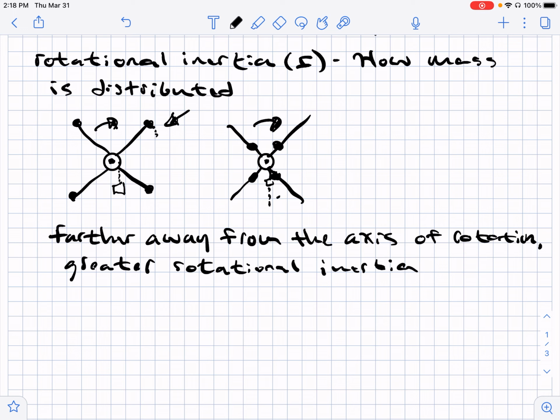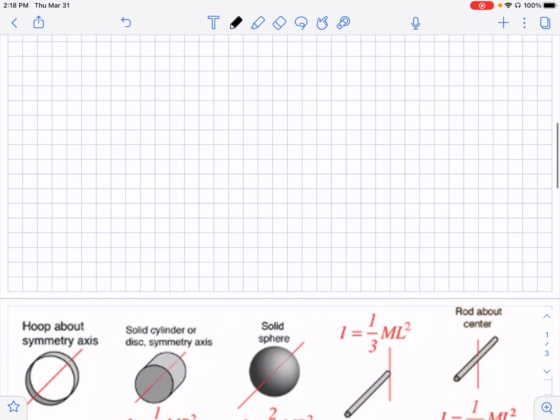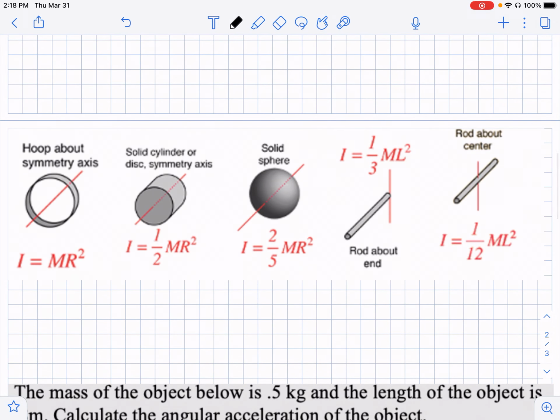We have these different equations, and they change depending on the shape of the object. Some common shapes you'll deal with are a hoop, a solid cylinder or disc, a solid sphere, a rod where the axis of rotation is at the end, or a rod where the axis of rotation is towards the center. You don't have to memorize these, and they're not written on the equation chart.